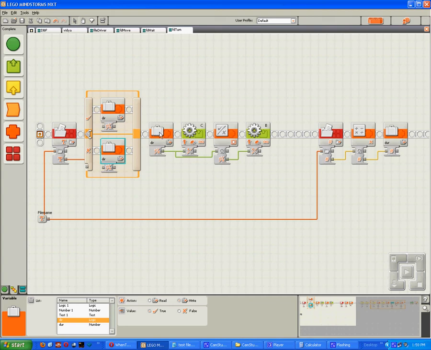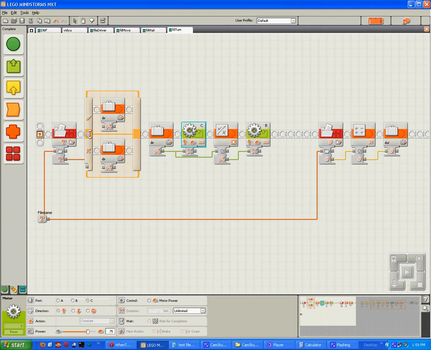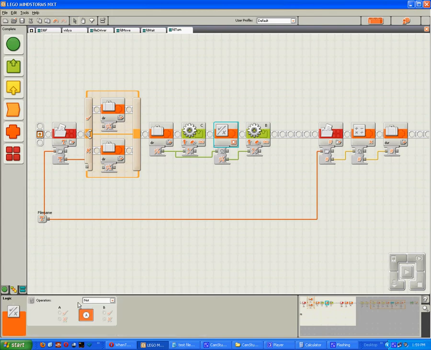Alright, so over here I'm going to just read out that same thing that I had. I'm going to plug it into my C motor. I'm going to tell it the direction goes that way. This is a logic block that's set to not, and not, all it does is it inverts the value. So if it was true, it becomes false.